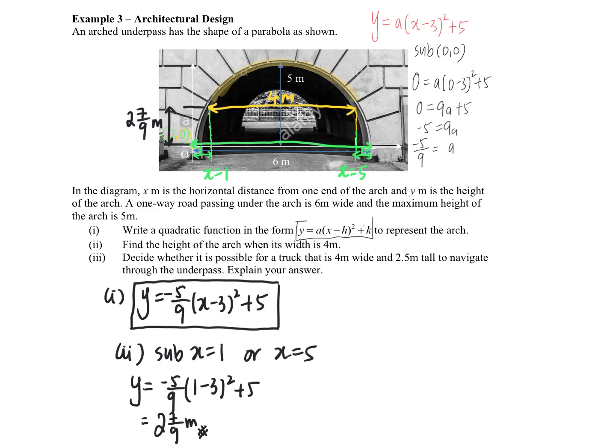Can it go through the underpass without hitting the corners? So width is the same, right? So width of my truck. Here. This is my truck. For authenticity. Okay, so 4 meters width, but the height is 2.5.